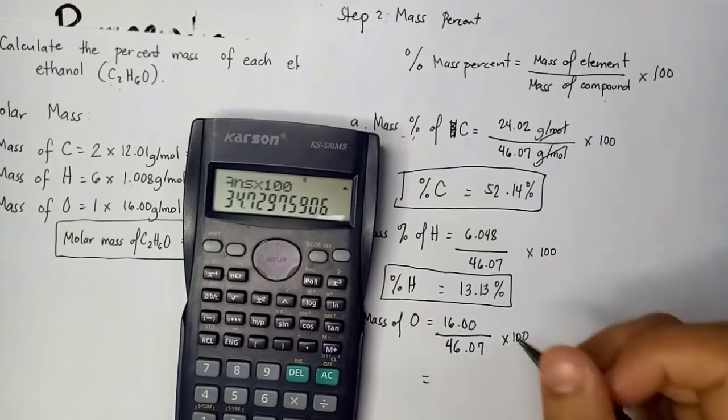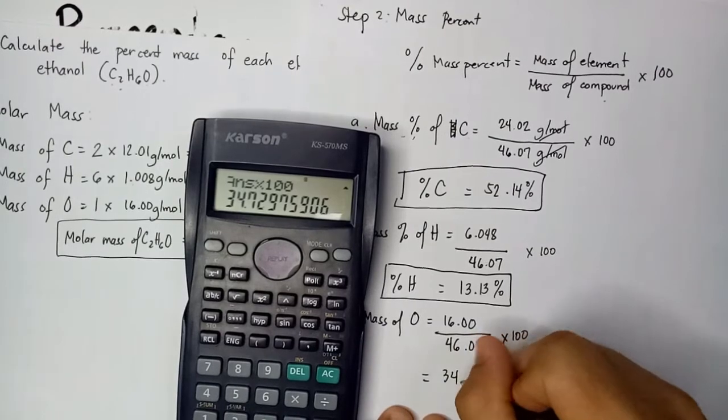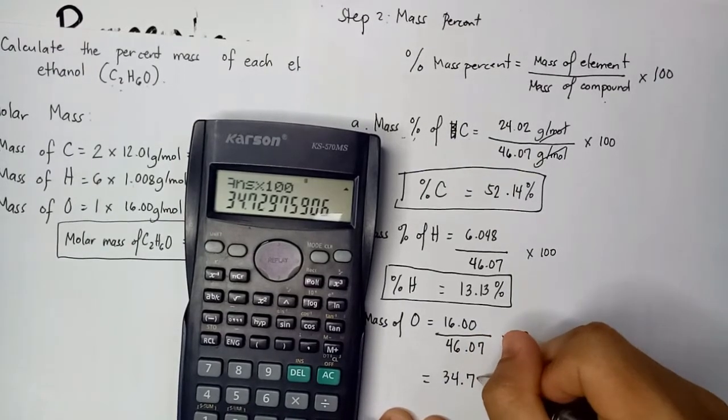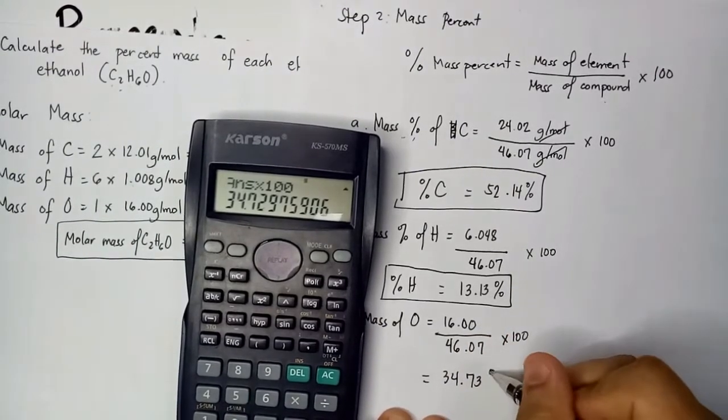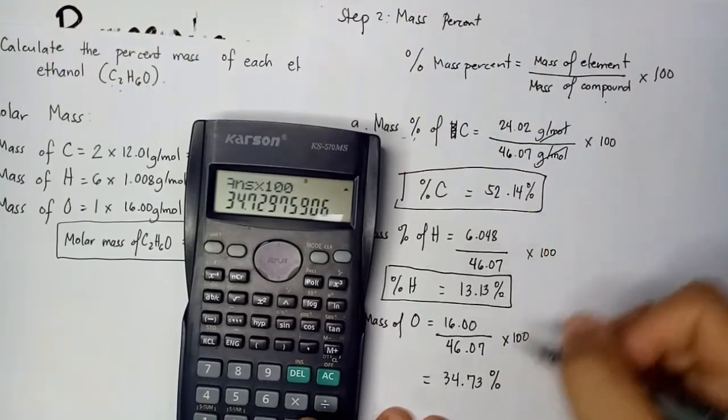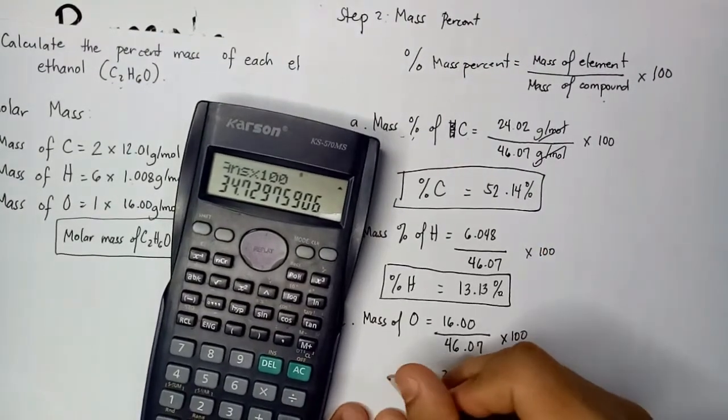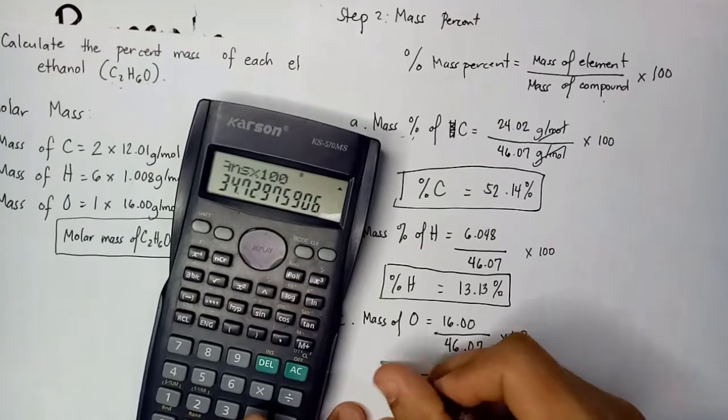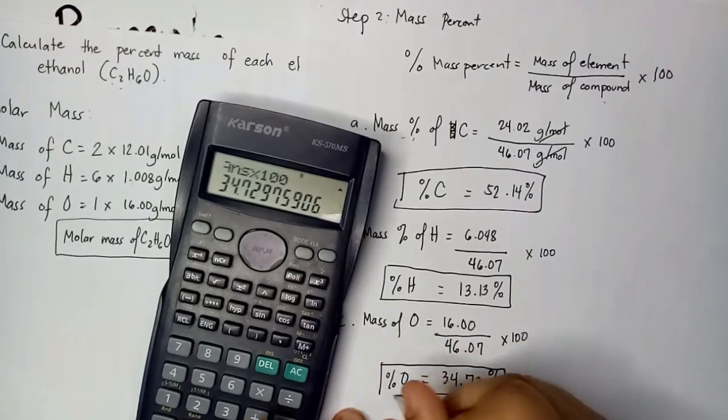So we have 34.73%. Do not forget to write the units. Lagi natin tatandaan, lagi natin isusulat ang units. Mahirap kasi pag walang unit.